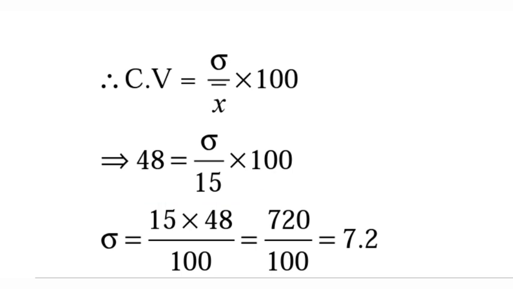Cross multiplying, 48 into 15 divided by 100. 48 into 15 is 720 divided by 100, 0 is cancelled. 72 divided by 10, that equals 7.2. Therefore standard deviation sigma equals 7.2.